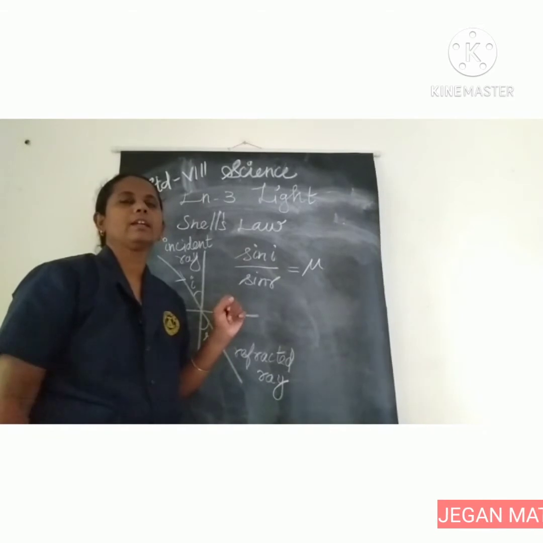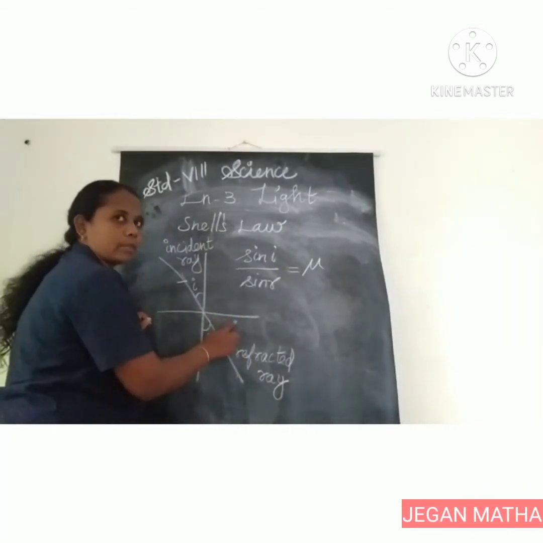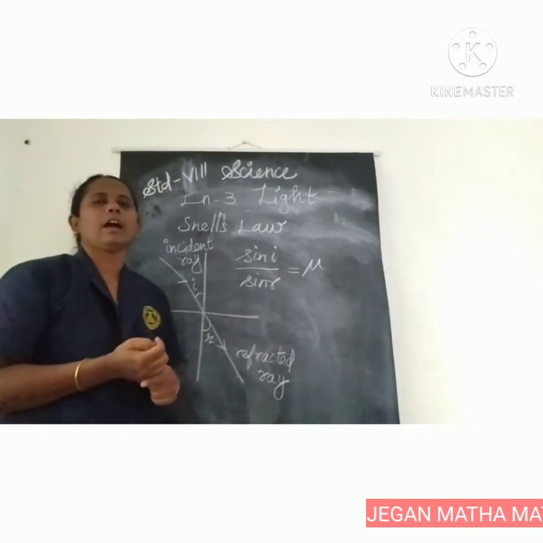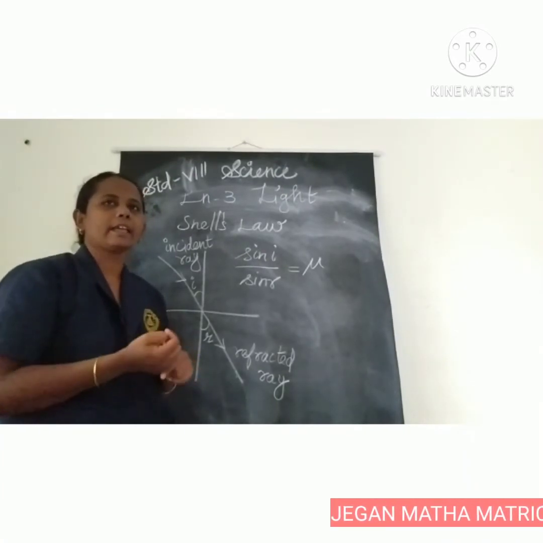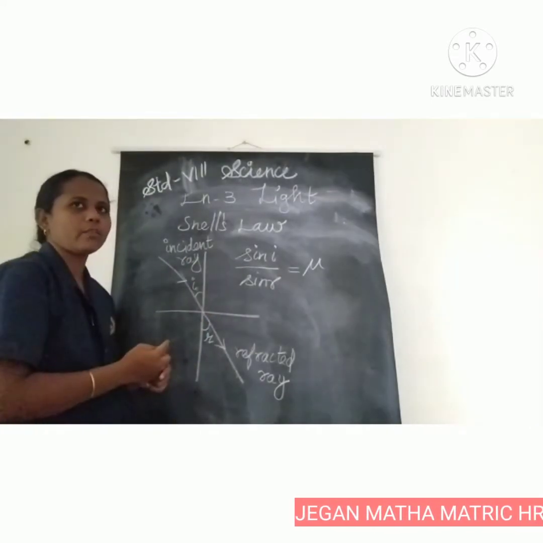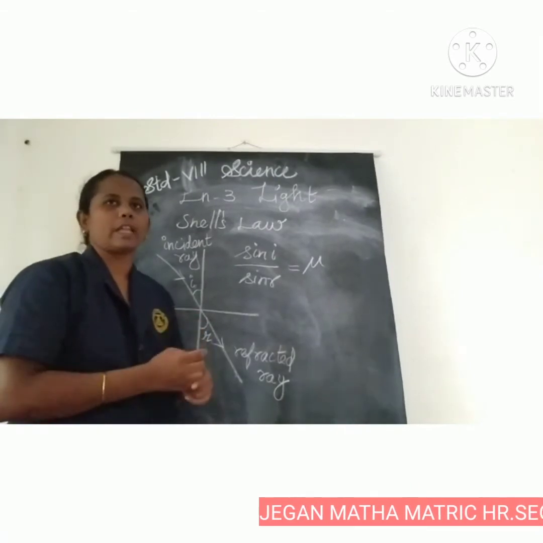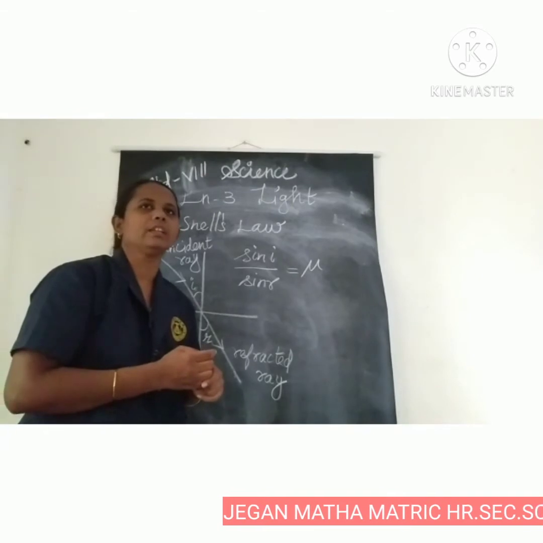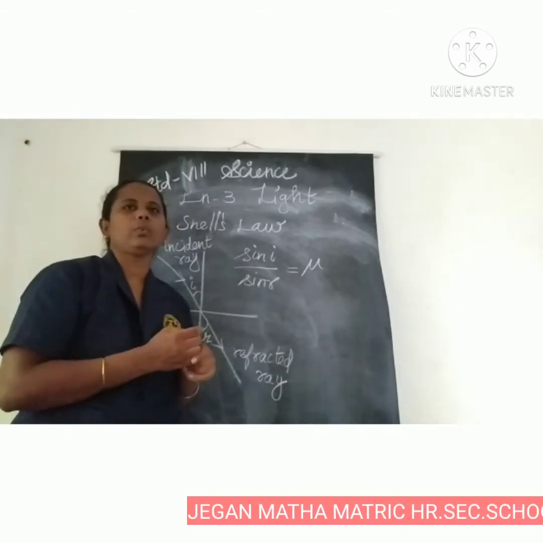The first one: the incident ray, the refracted ray, and the normal lie in the same plane. And the second point: the ratio of sin I to sin R is constant.